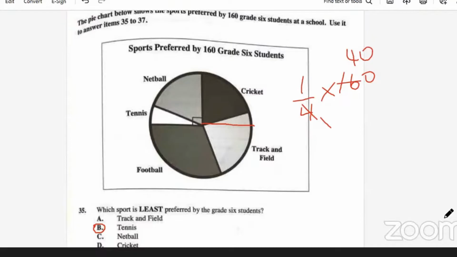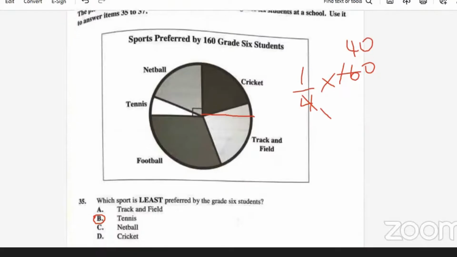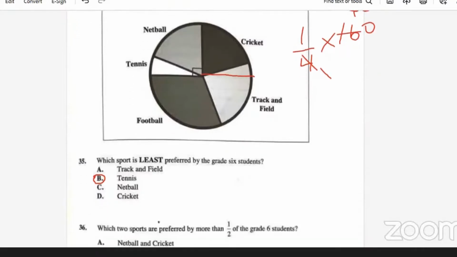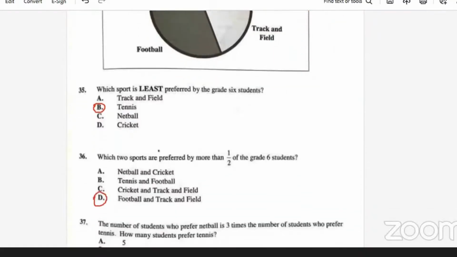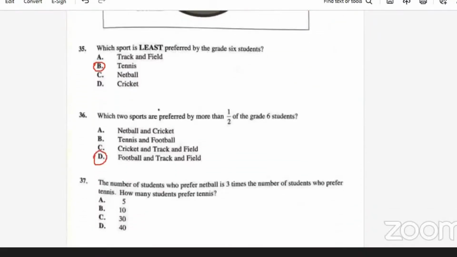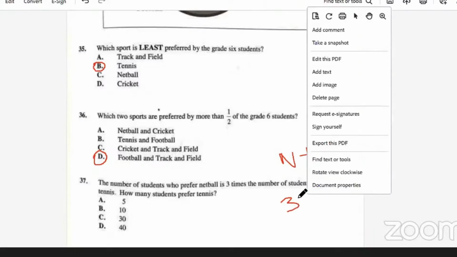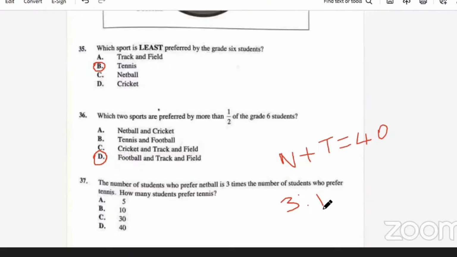Now let's look at the rest of the information to see what we found. So we know that 40 students, right, so netball and tennis together would be 40 students, okay? So 3 to 1. So it's in the ratio of 3 to 1, right? So for every 3, so it says 3 times. So for every 3 that prefers netball, 1 prefers tennis, okay?